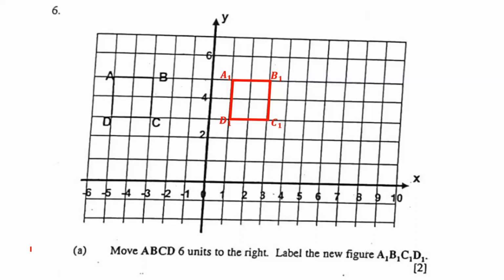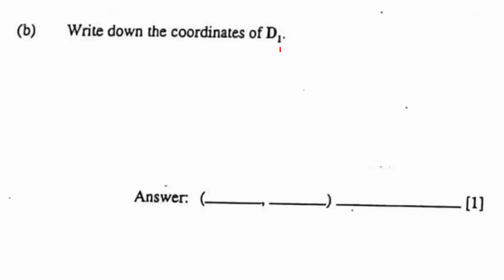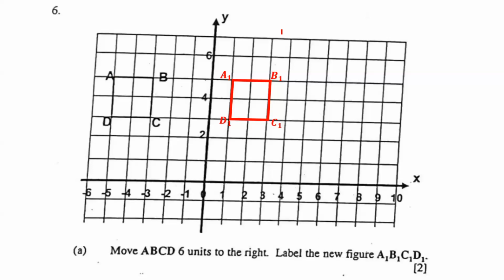Now let's move on to 6b. Here they want the coordinates of D1. Well, D1 is here. We know that this is 1, 2, 3, 4, and this one is 5. And so what that means is this is 1, 2, 3, 4, 5.